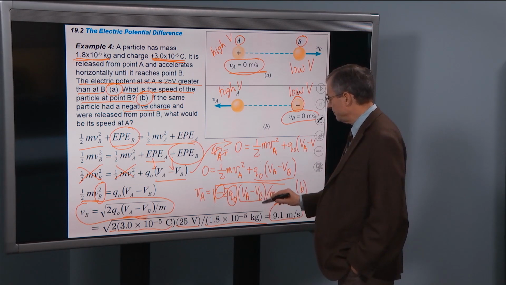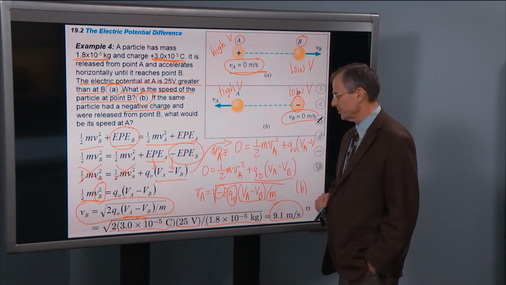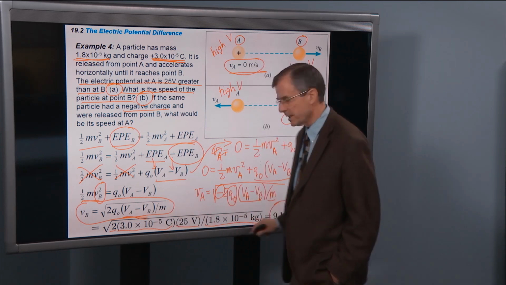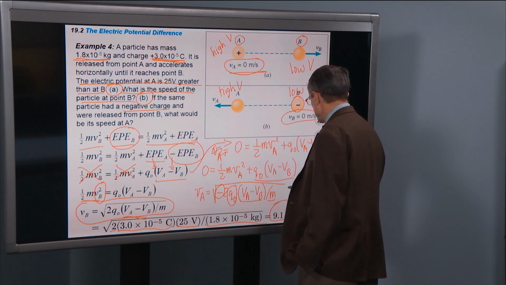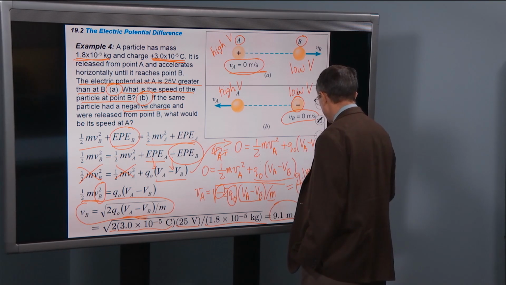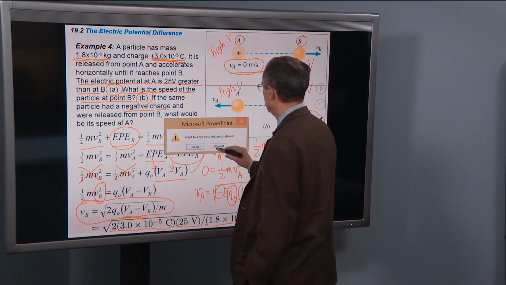And VA minus VB, that hasn't changed. That's still 25 volts. Mass still hasn't changed. The two negative signs cancel, and you get exactly the same result. So you get, again, 9.1 meters per second.